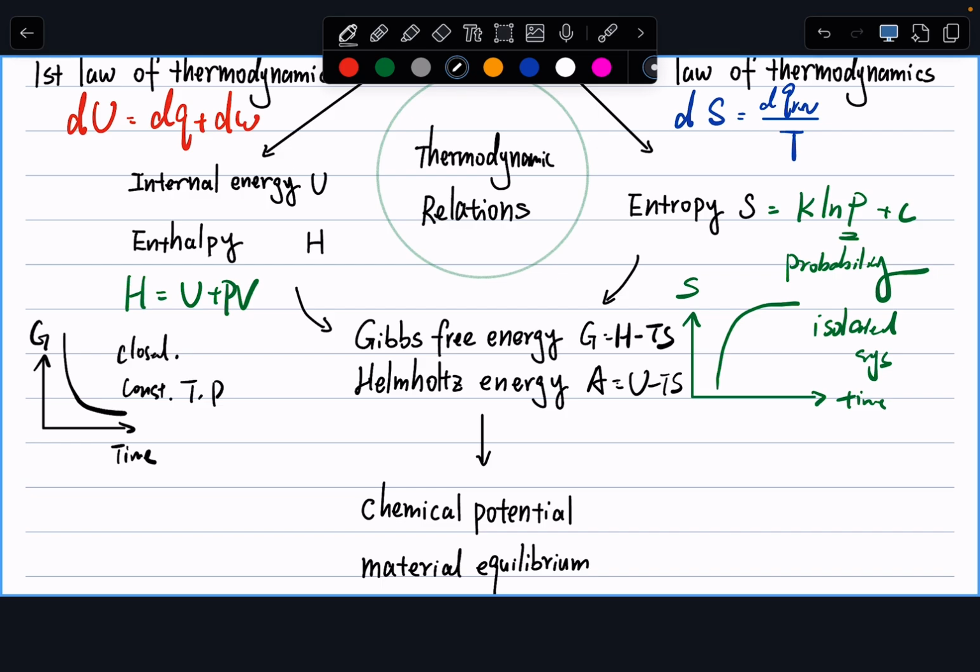The physical meaning of the Gibbs free energy is that it tells you what's the maximum amount of non-PV work your system can output. All right, so PV work is the expansion and contraction of the system. Typically we don't care about it. It's hard to use the PV work. We care more about magnetic work or electric work that we can utilize.